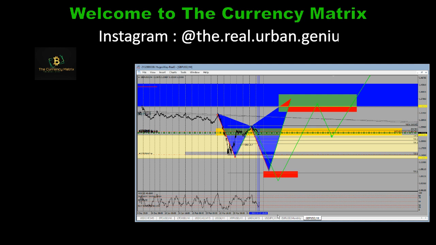So right now we are in the BC completion. We're completing the BC leg for this harmonic pattern. And if you follow the green lines that I've drawn here, that will ultimately be the path for the next six, let's see, we can actually see exactly how long that is. 7/23.